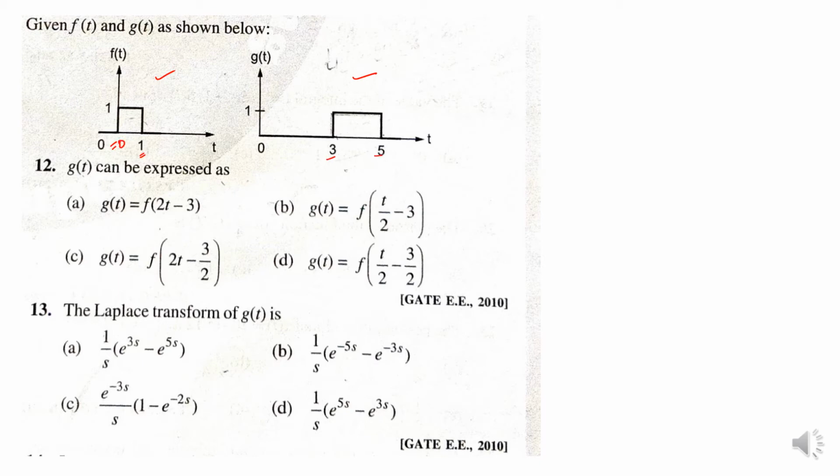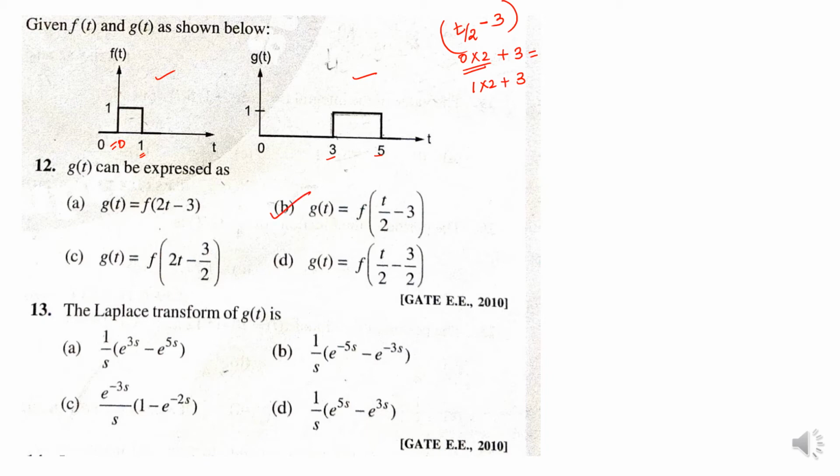So first 0 is multiplied with 2, again it is added with 3. 1 is multiplied with 2, again added with 3. So multiplied with 2 means t by 2. Added with 3 means minus 3. So this is the correct answer. So g of t equal to f of t minus 2 minus 3 is the correct answer.